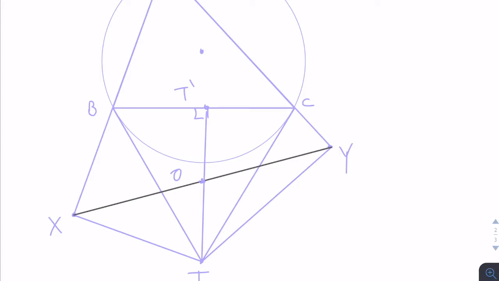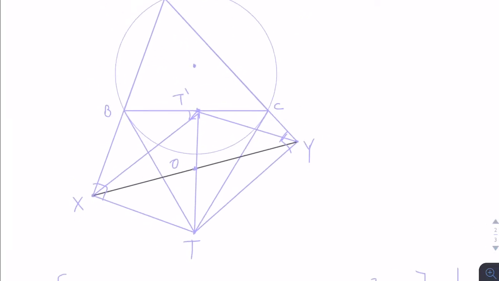And yeah, this can be proven pretty easily with some quick angle chasing. So now it remains to prove that T prime is in fact the orthocenter of triangle AXY.